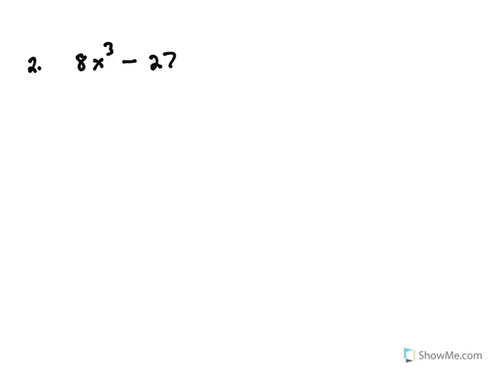Okay, so we need to check if 8x cubed is a perfect cube, and it is, and so is 27. So what we're going to do is we're going to let a equal the cube root of 8x to the 3rd power, and then b is going to equal the cube root of 27.